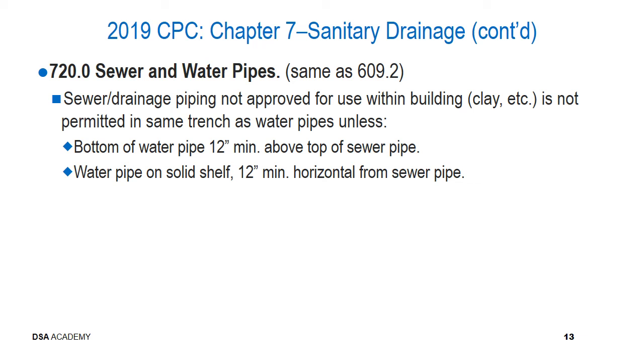And to recap, the water pipe has got to be located a minimum of 12 inches above the top of the sewer pipe. And if they're running parallel, then the water pipe also has a requirement to be 12 inches minimum offset to the side of the closest edge of the sewer pipe.